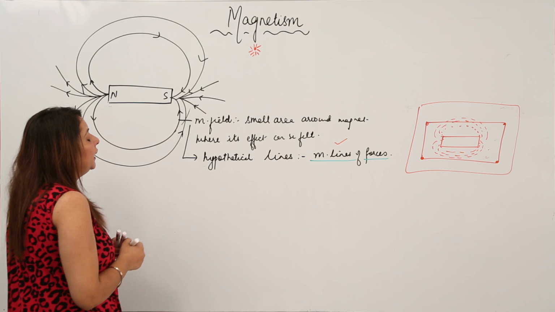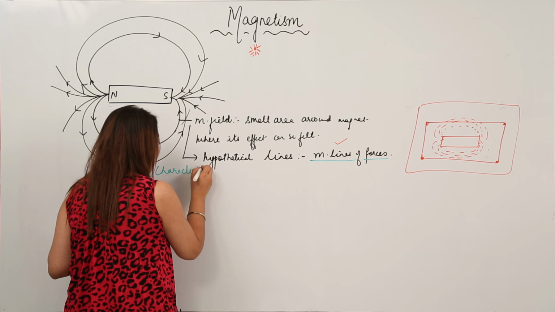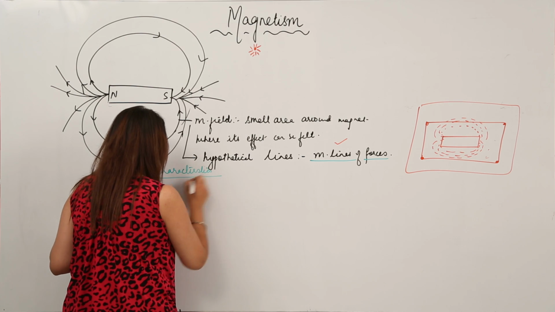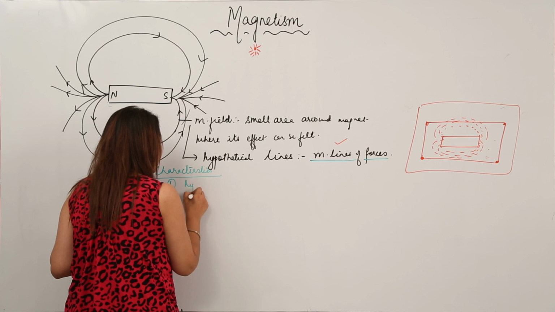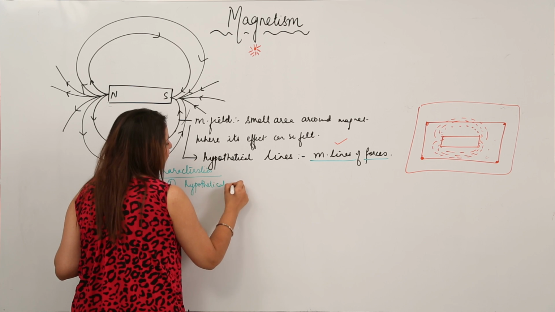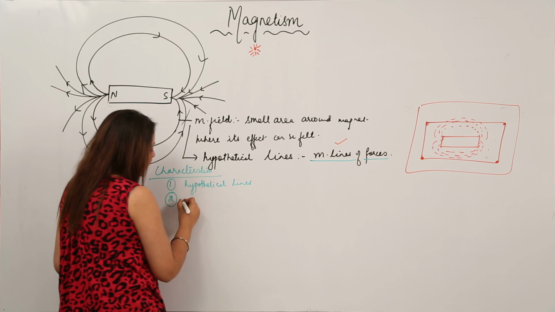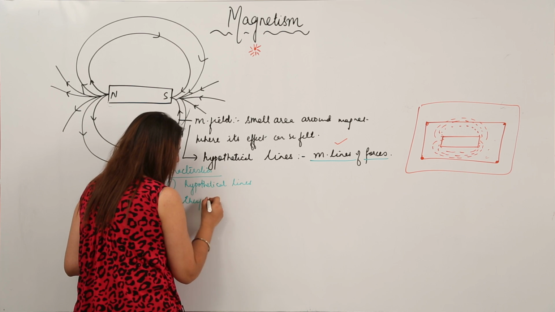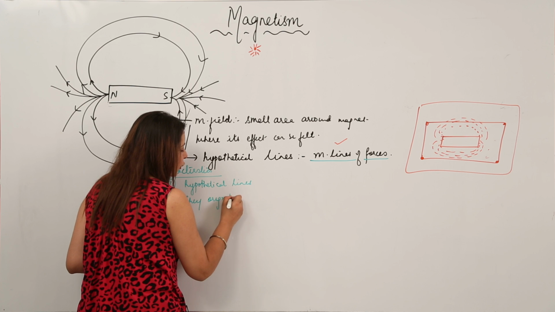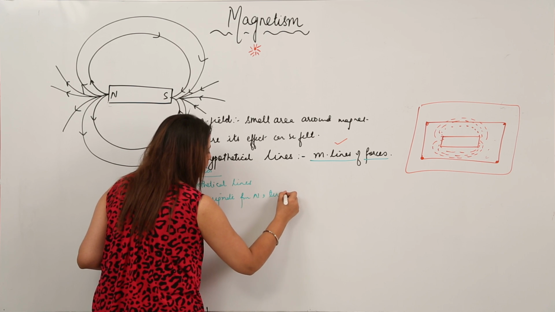Now moving on to the characteristics of the magnetic lines. First of all, they are hypothetical lines, that means they are imaginary lines. Moreover, they always originate from north and terminate at south.